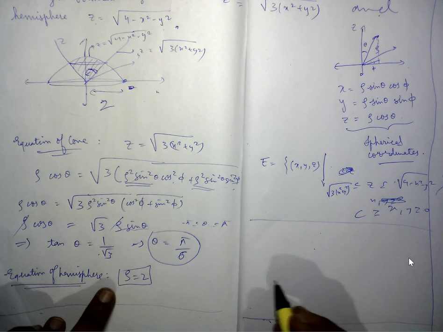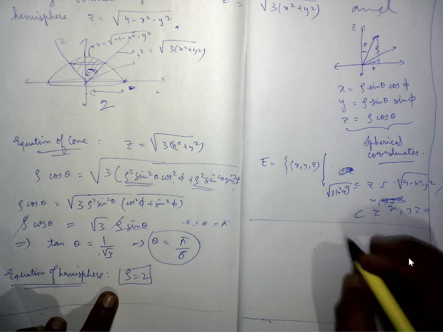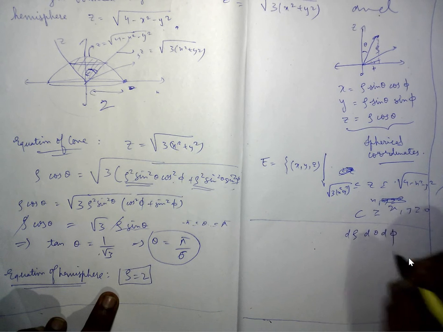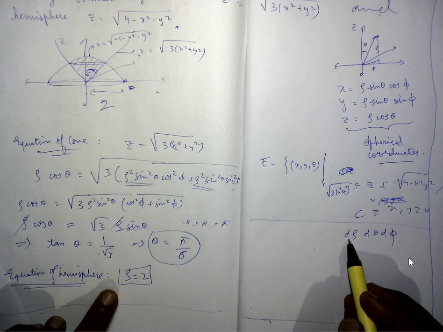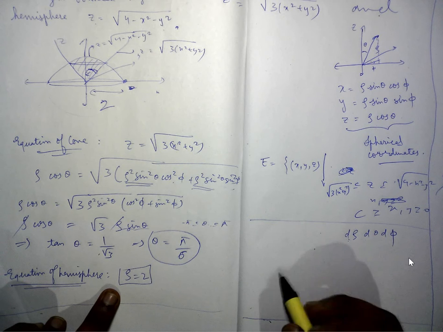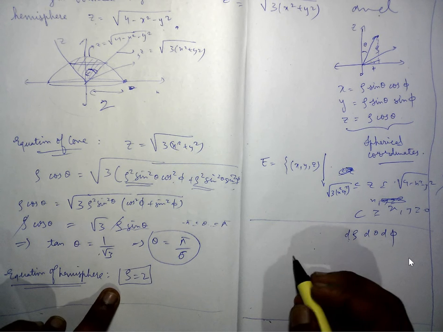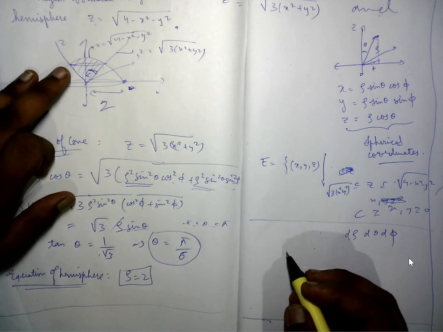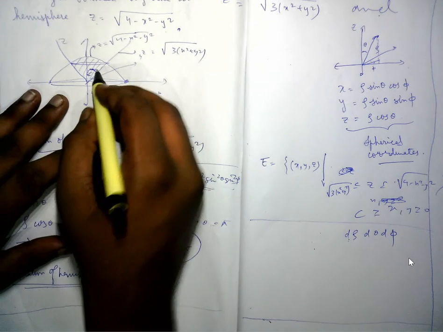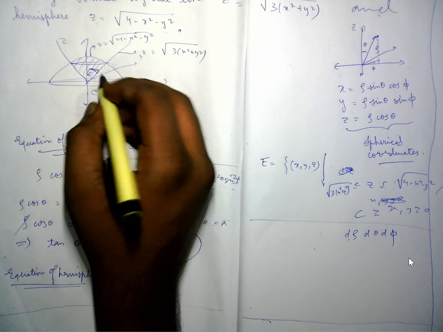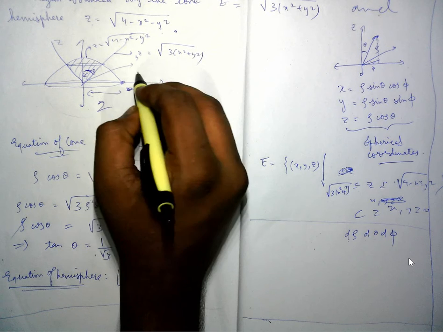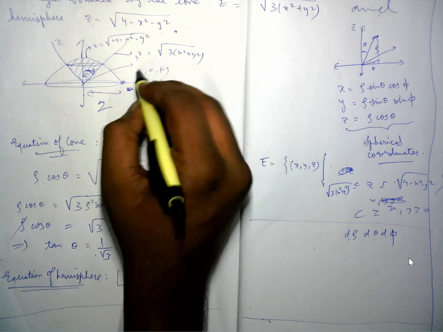If we want to express it in terms of d rho, d theta, d phi, then we need to express rho in terms of theta and phi. You take any point inside this region, with rho, theta, phi.